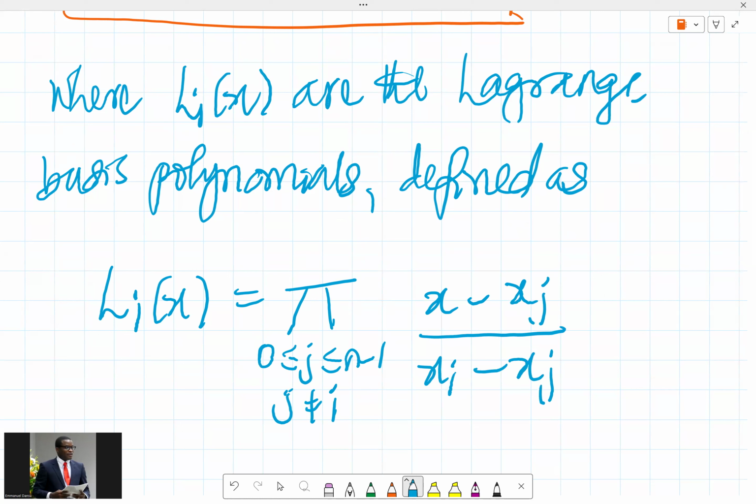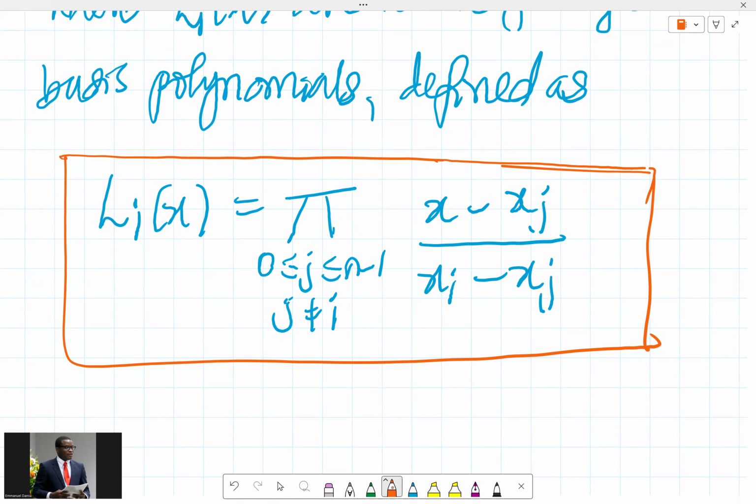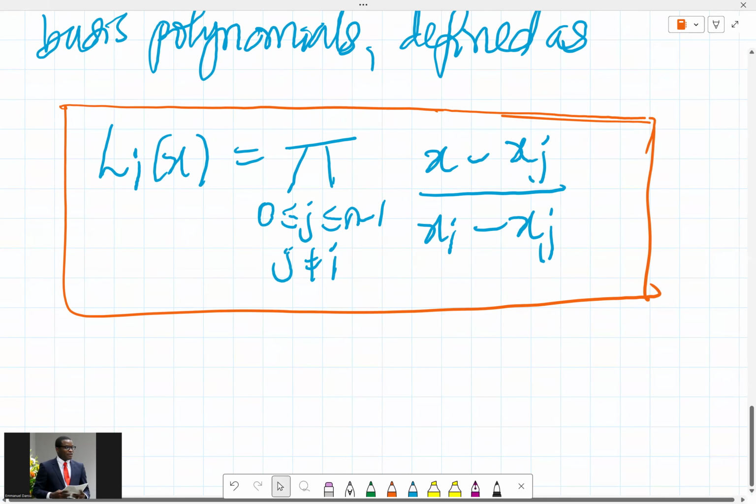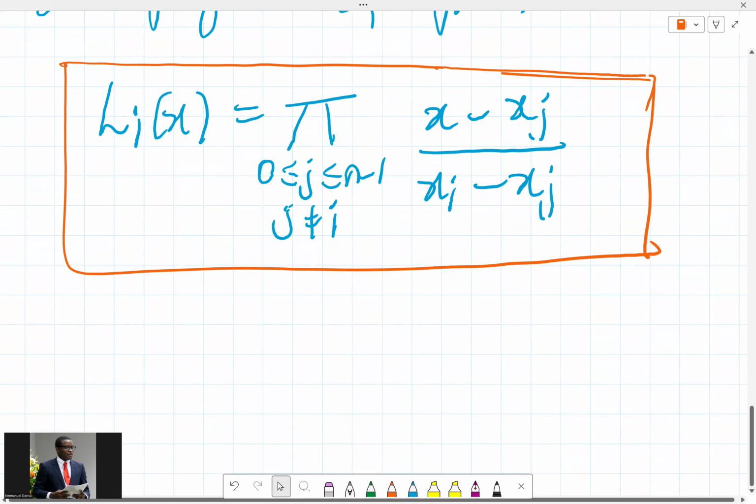So this is the formula for Li. Never mind that it's looking all complicated. Well, we take an example, it will be clear.